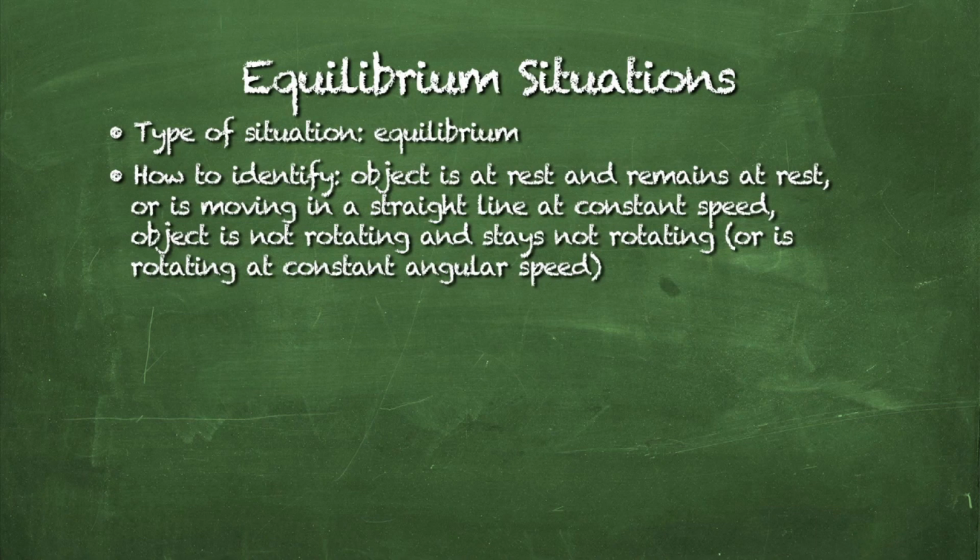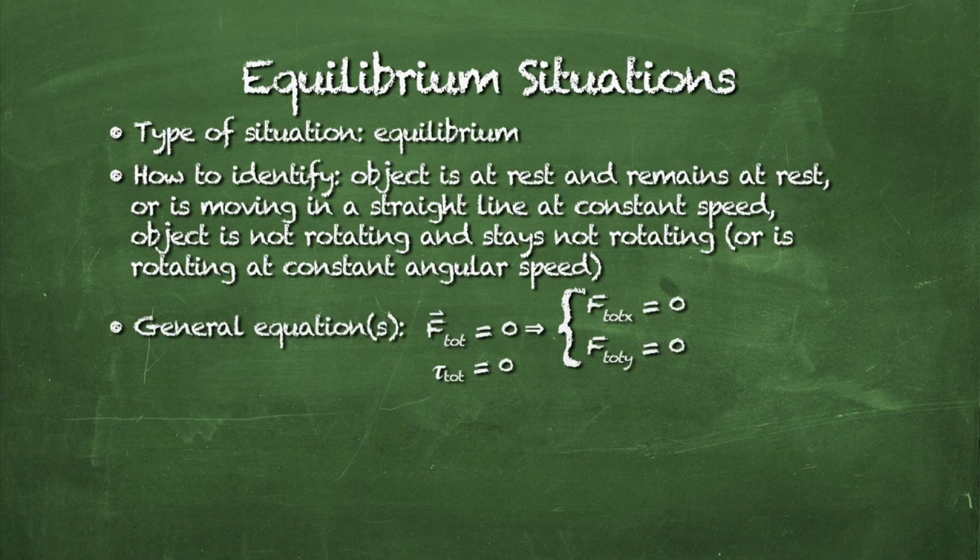And now we have three general equations to deal with equilibrium. That would be the total force vector on the object is zero, which is the total force in the x direction is zero, and the total force in the y direction is zero, and the total torque on the object is zero.